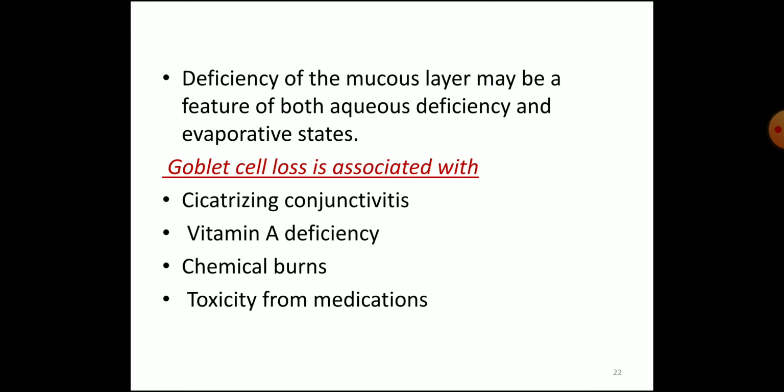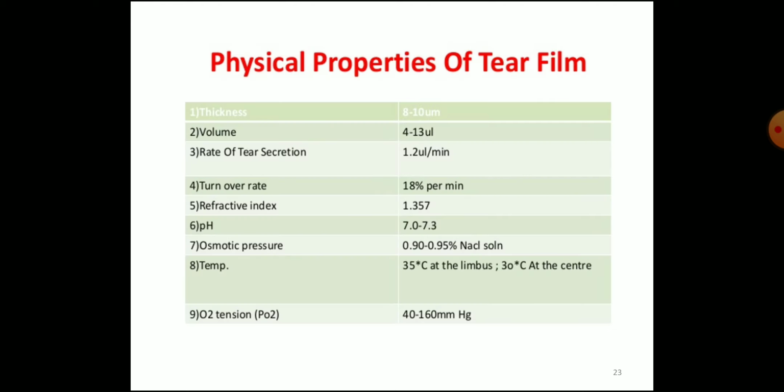Goblet cell loss is associated with cicatrizing conjunctivitis, which is a scar forming conjunctivitis, vitamin A deficiency, where again there is xerosis or dryness, chemical burns, which also produce dryness, and toxicity from medication. Certain medications will produce toxic effects like cicatrization.